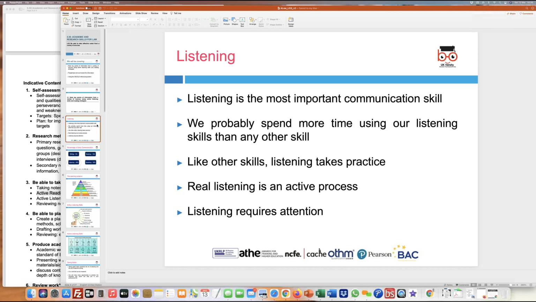Now, this process of note taking involves listening, which is one of the key parts of how people make notes.